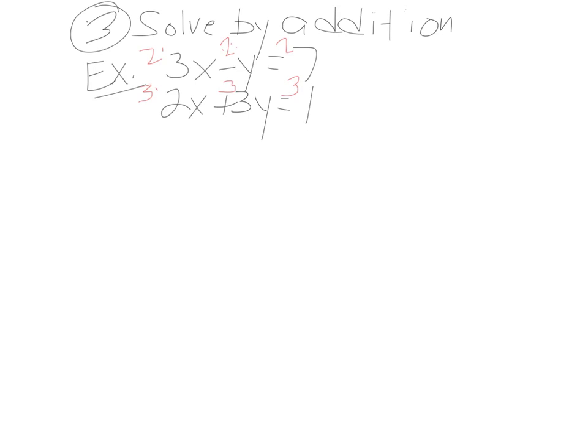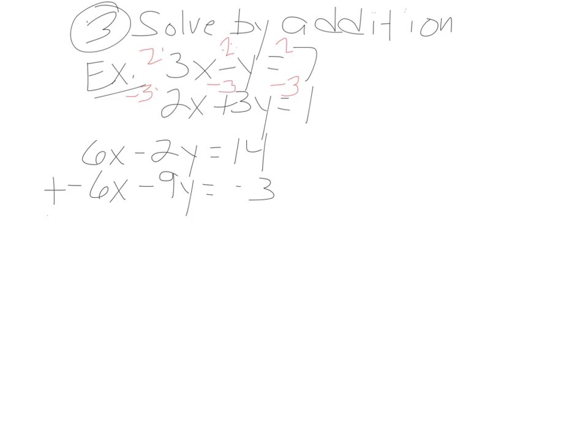So now my top equation becomes 6x minus 2y equals 14. The bottom equation becomes, oh, and I should have done a negative 3 on the bottom because I need one 6 to be positive and one 6 to be negative. The bottom equation becomes negative 6x minus 9y equals negative 3.